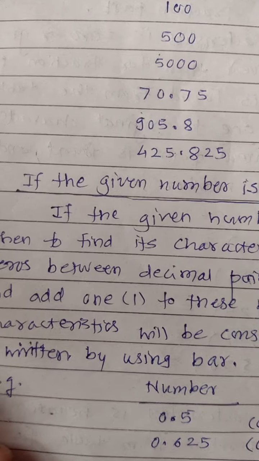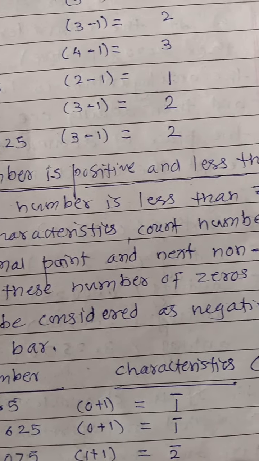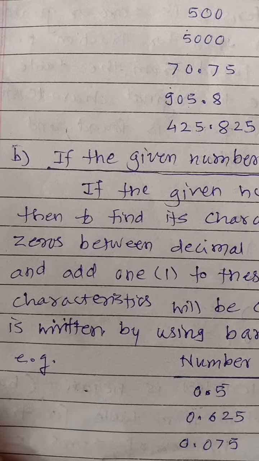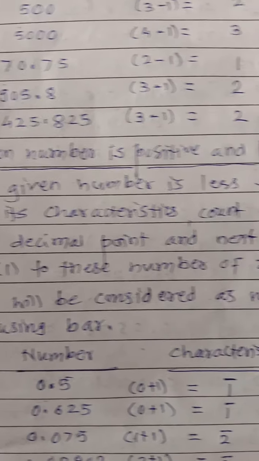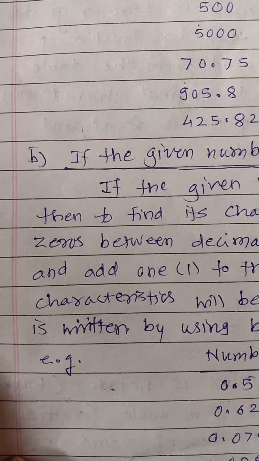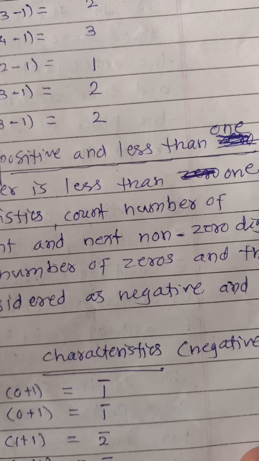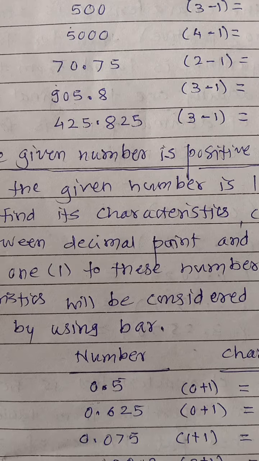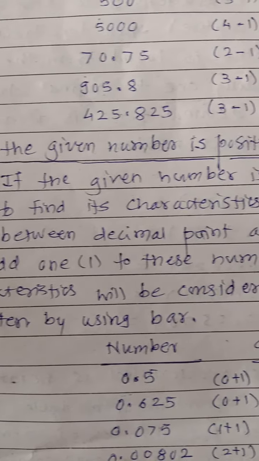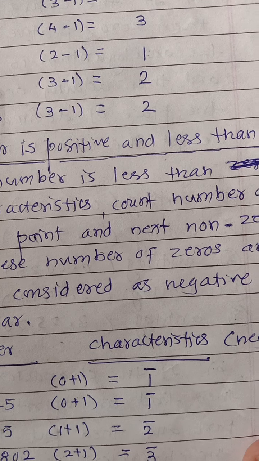The method will be, if the given number is less than 1, then to find its characteristic, count the number of zeros between the decimal point and the next non-zero digit, and then add 1 to this number of zeros.